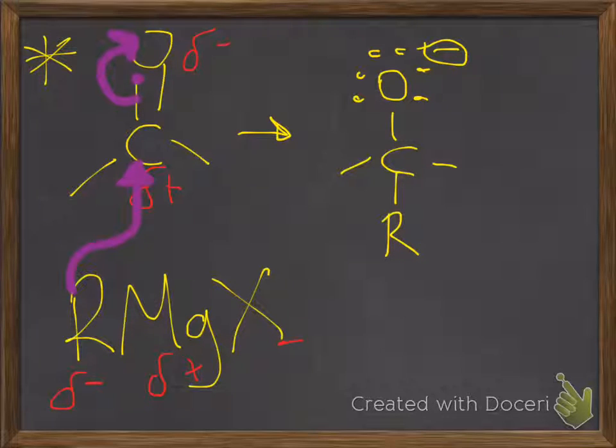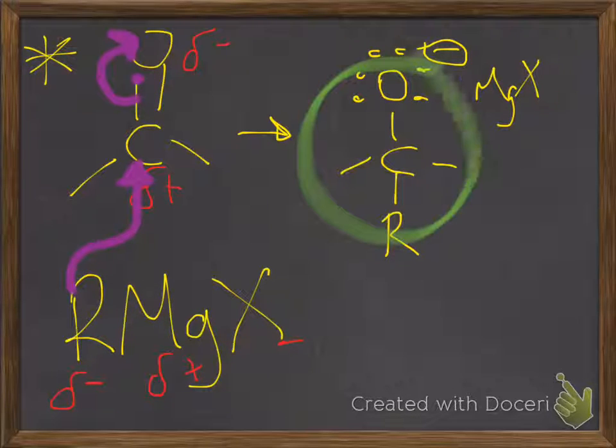So we have a magnesium that's positively charged, technically a 2 plus charge, and an X that's a minus charge. I'm just going to show them right there. They're going to be attracted to the oxygen, but it's not a covalent bond or anything like that. We went from a trigonal planar carbon to one that's tetrahedral. So this is now a tetrahedral carbon, whereas we started off with the trigonal planar.